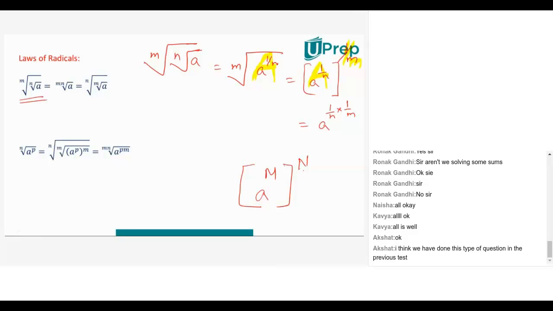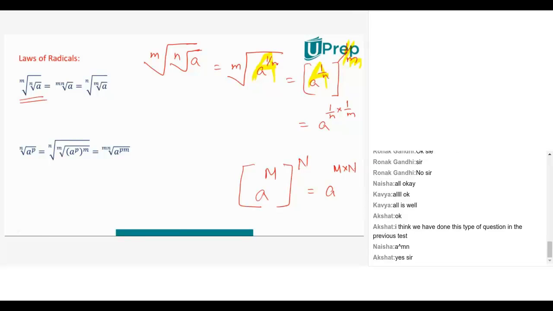That is nothing but equal to a to the power of m into n. That's what we learned, if you remember. A power m whole power n is a power m into n. Did we do this? Yes, we did all this. We have proven all this.